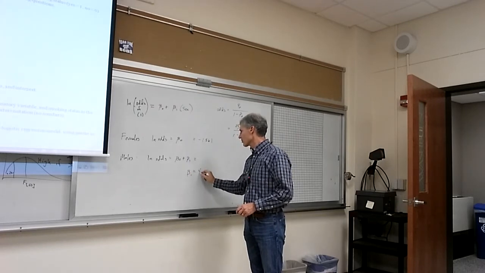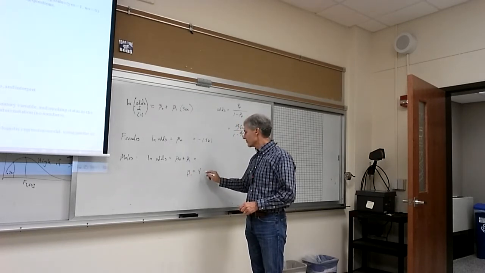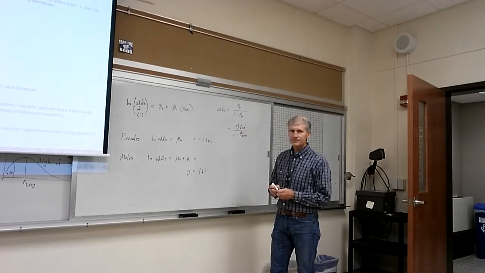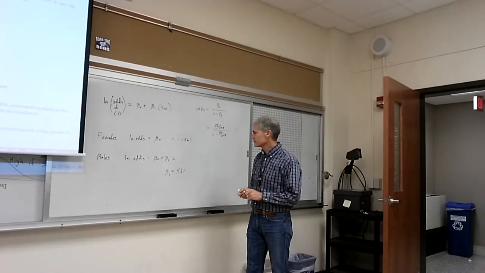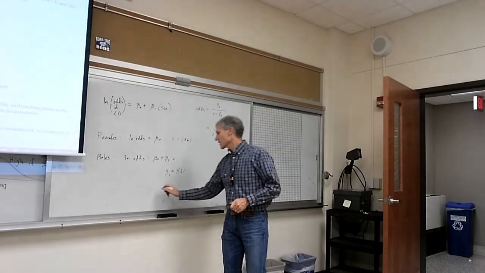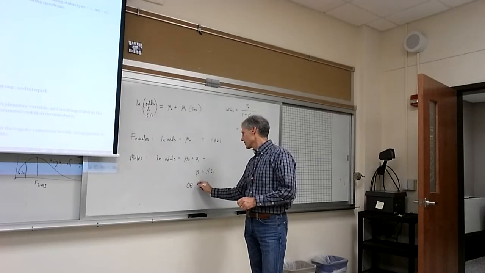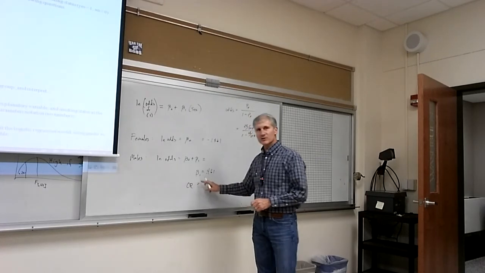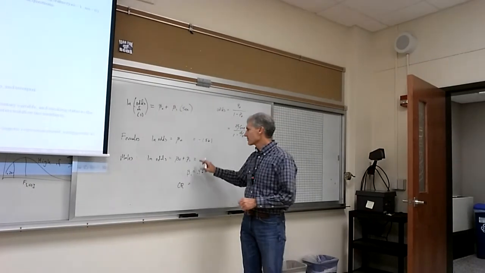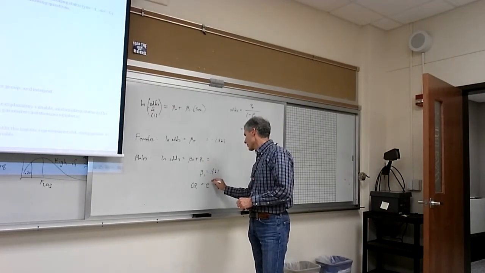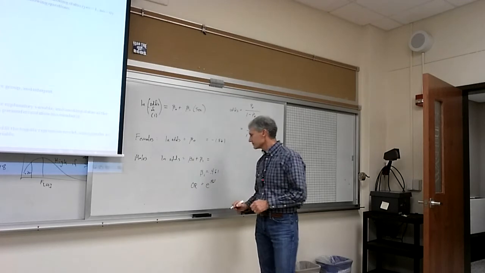Your odds ratio is just e to that beta 1, right? That's right. So the odds ratio, which I'll call capital R, capital O, capital R, with females on the bottom as the reference group, is just e to 0.461.